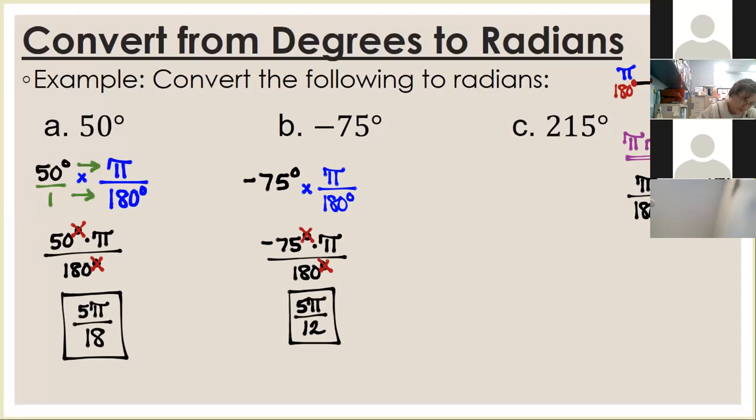All right, last one that we're doing for today. Negative 215 degrees. Oh, sorry, negative 75 was negative 5 pi over 12. Thank you for catching that.